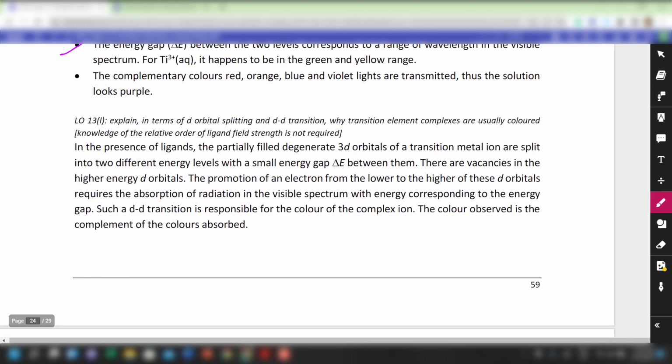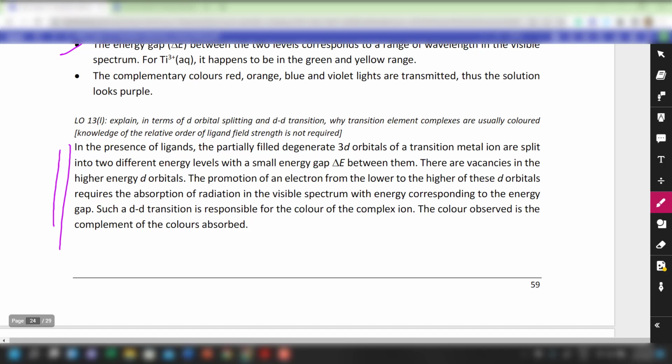I think this is the way it should be explained. In the presence of ligands, partially filled 3d orbitals are split into two slightly different energy levels. The energy gap is delta E. If the energy equivalent to the energy gap is absorbed by electrons residing in the lower set of 3d orbitals, they undergo electronic transition and are promoted up into the higher set of d orbitals with a higher energy.